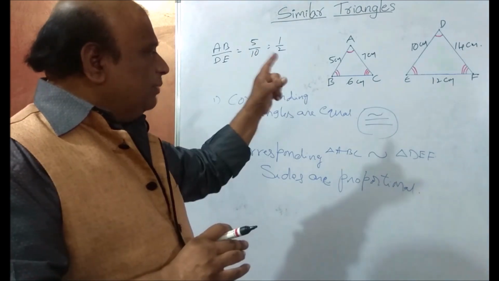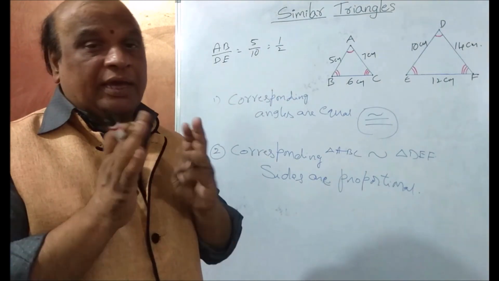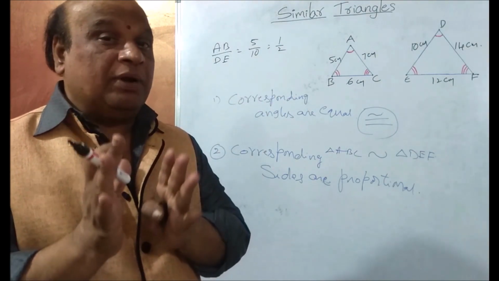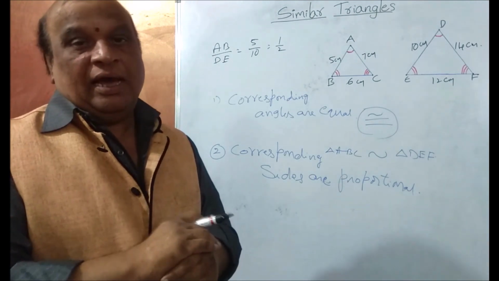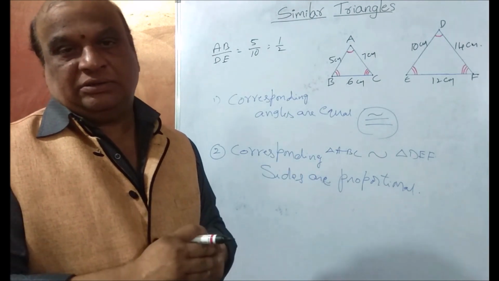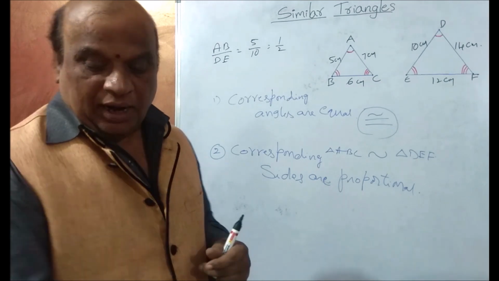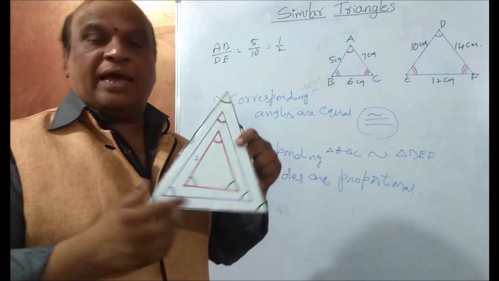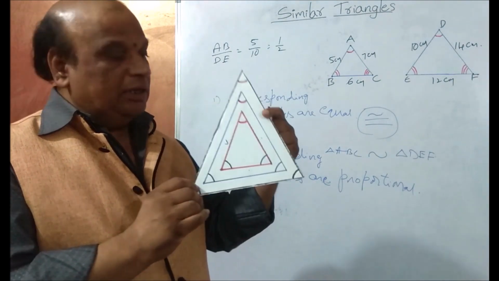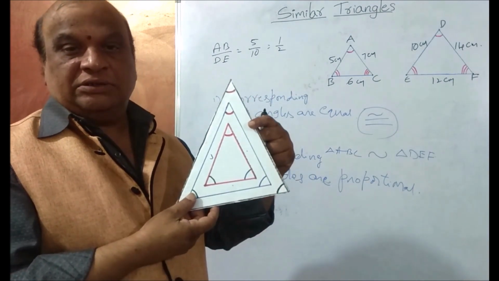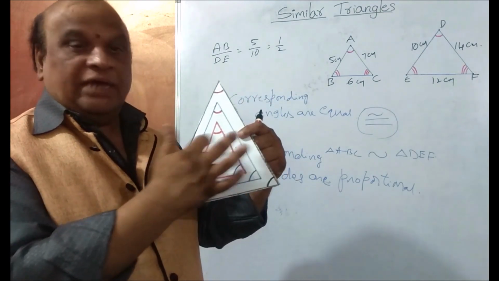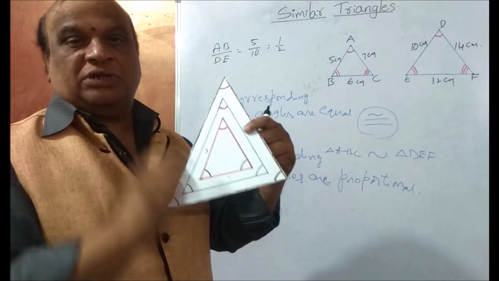Here this is a very important condition. Corresponding angles are equal and corresponding sides are proportional. Otherwise, they are not similar triangles. Here also, these are similar triangles. In this figure, these three are similar triangles. If you verify the sides, they should be proportional.